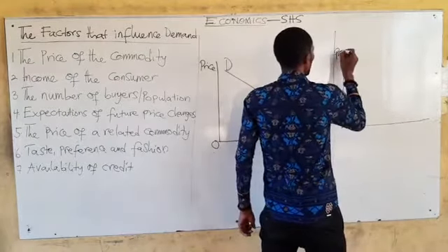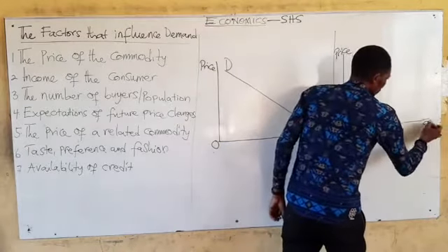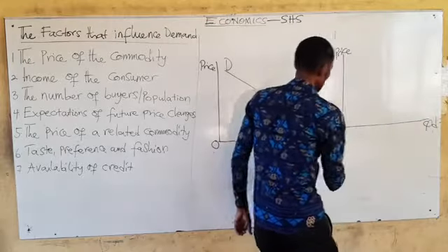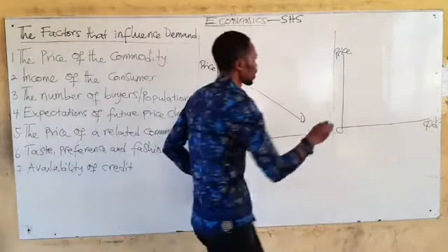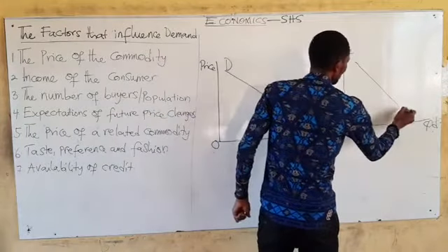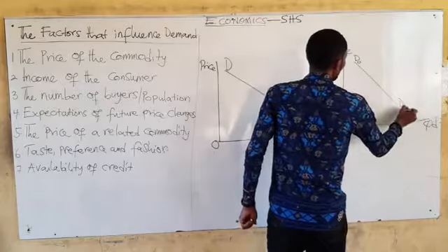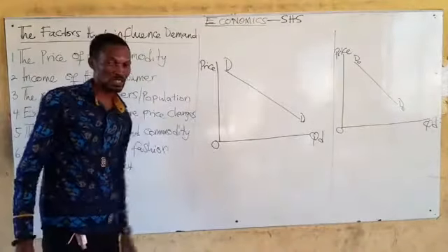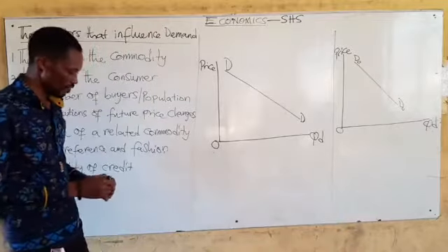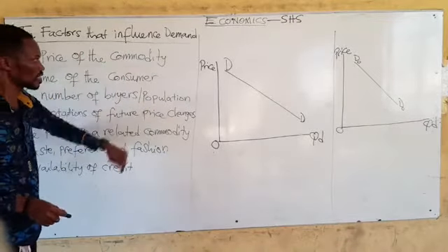My price will be here on the y-axis, and the quantity that will be demanded will be on the x-axis. So let me put demand curve here. But let me first attend to this one. The first factor you can see here is the price of the commodity.